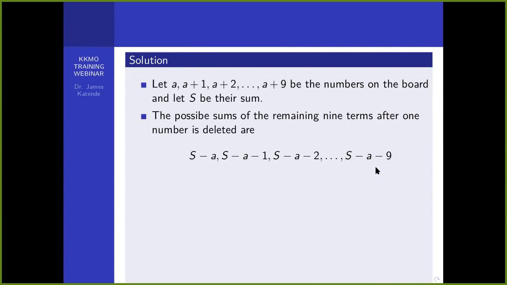If you look at this short sequence, you will notice that these are 10 consecutive numbers as well, because each is less than the previous one by only 1. So they're actually 10 consecutive numbers representing the sums.